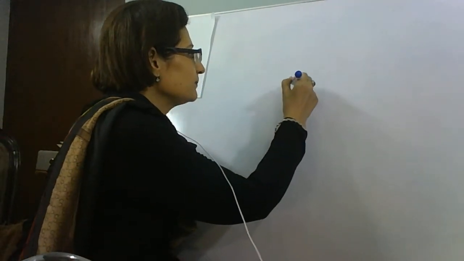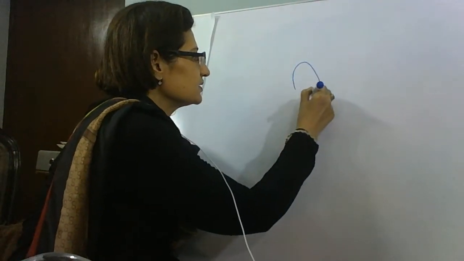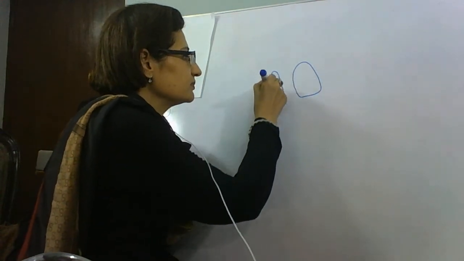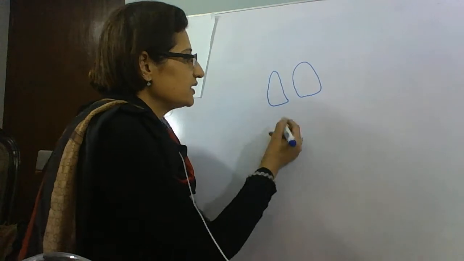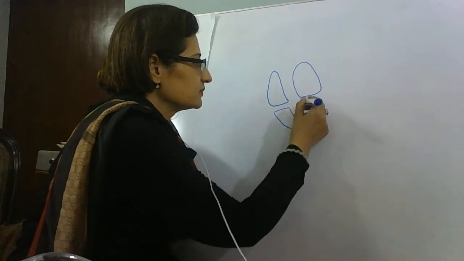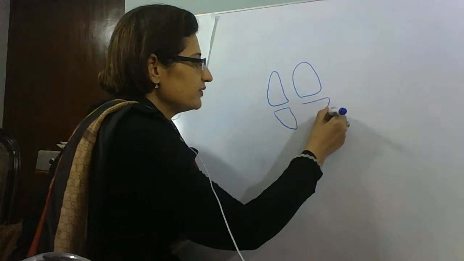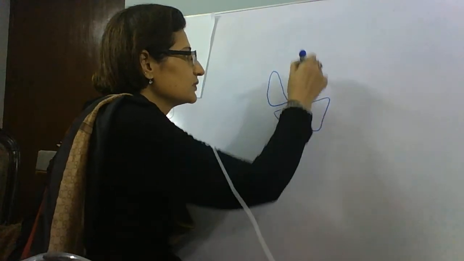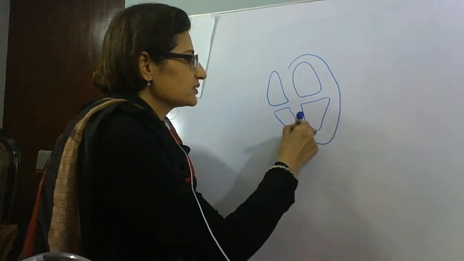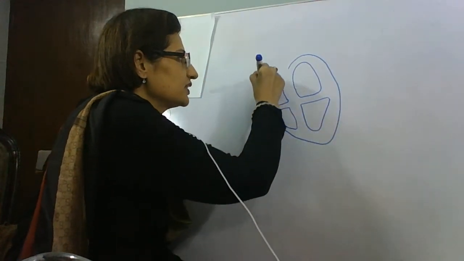So you can see this is the right atrium, sorry, the left atrium, the right atrium, right ventricle, the left ventricle. These are generally bigger as compared to the right side.